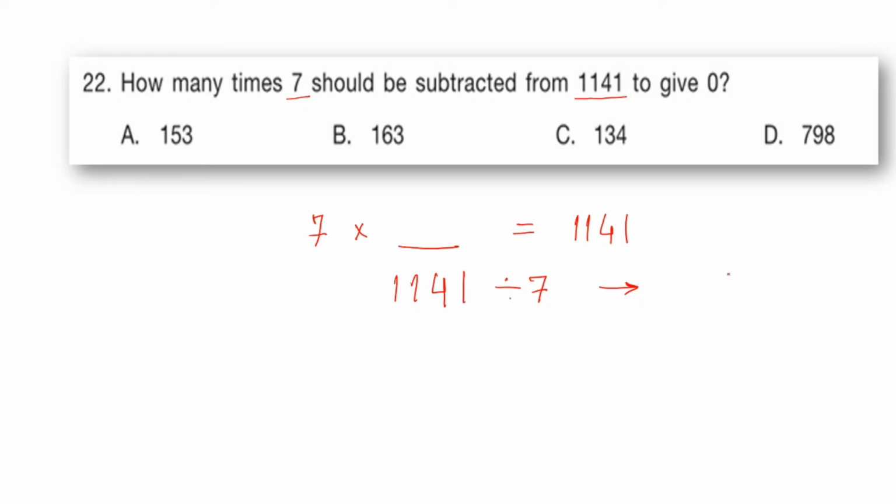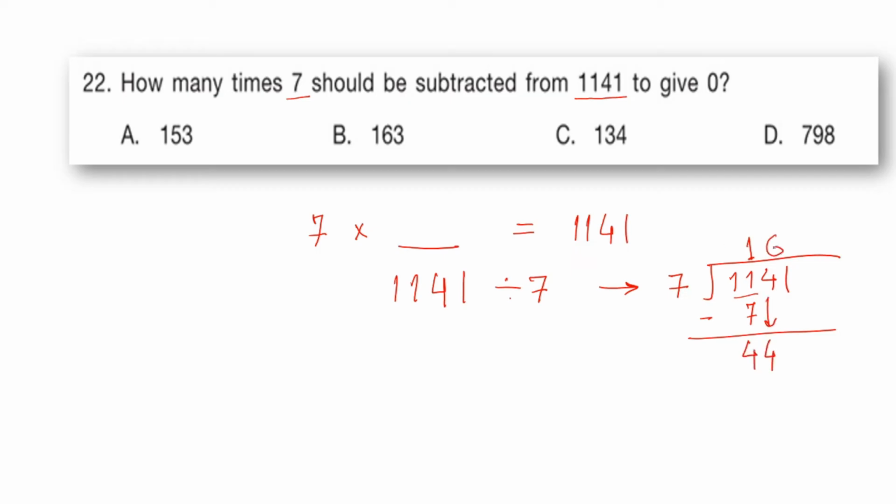So let's look at it here. 1141 divided by 7. 7 times 1, because 1 is smaller, so we consider the first 2 digits, is 7, which is closest to 11. We'll subtract it here. 11 minus 7 is 4. Now I'll bring down the 4.